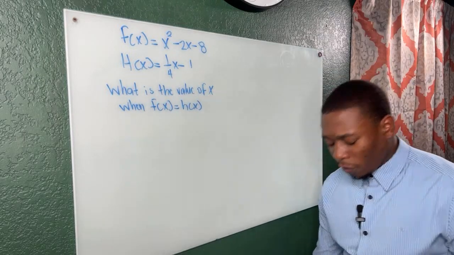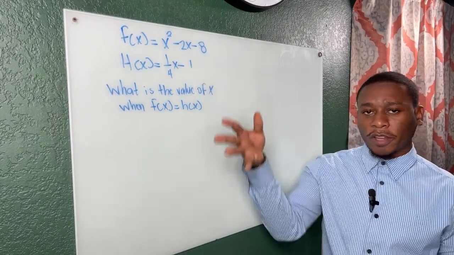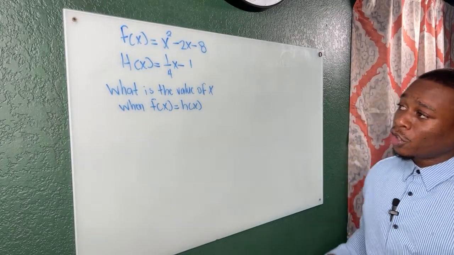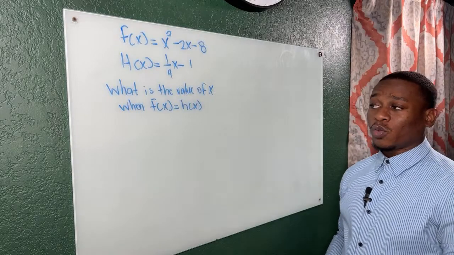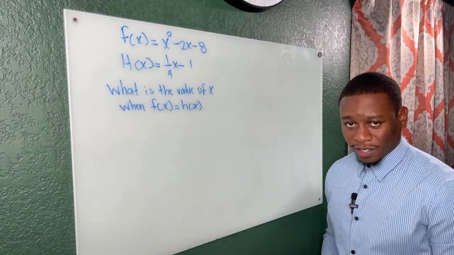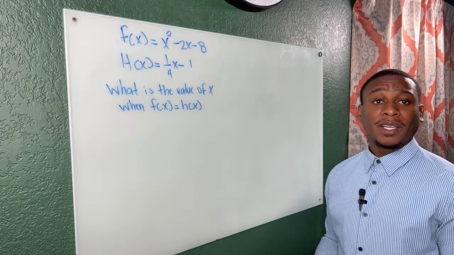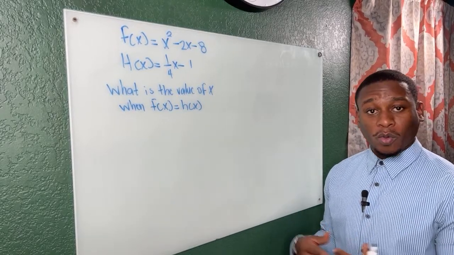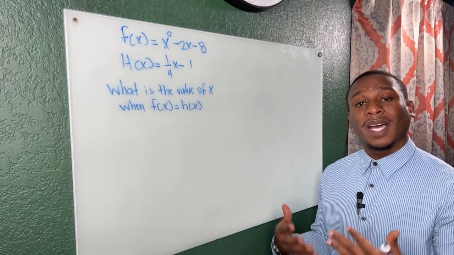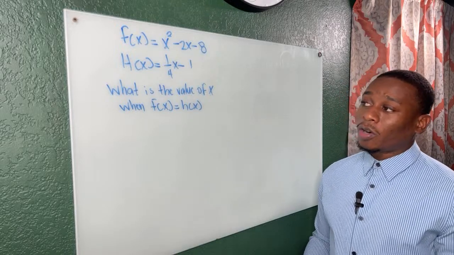So they're asking us, they gave us two functions, f of x, h of x, and they're saying to us, what is the value of x when f of x is equal to h of x? So they're basically saying, hey, when we combine these two functions, right, or we set them equal to each other, what is our answer? That is all that they're saying.